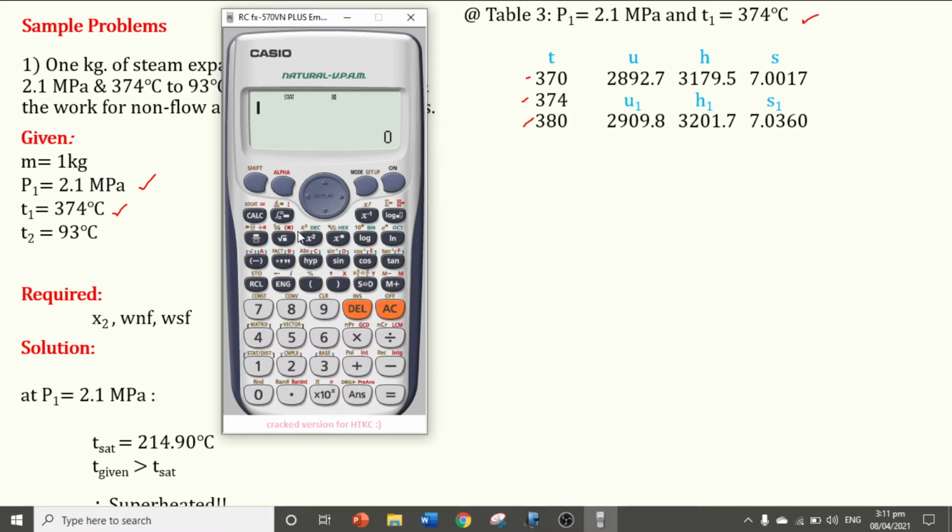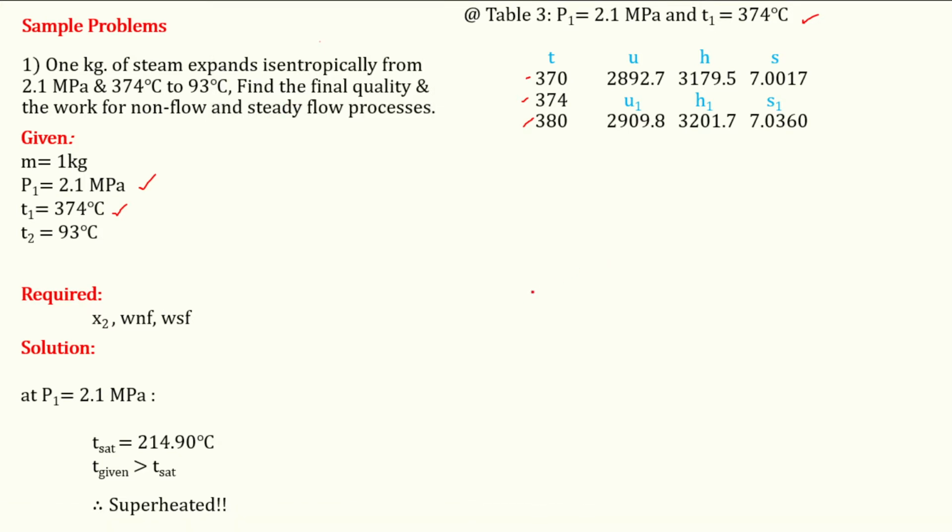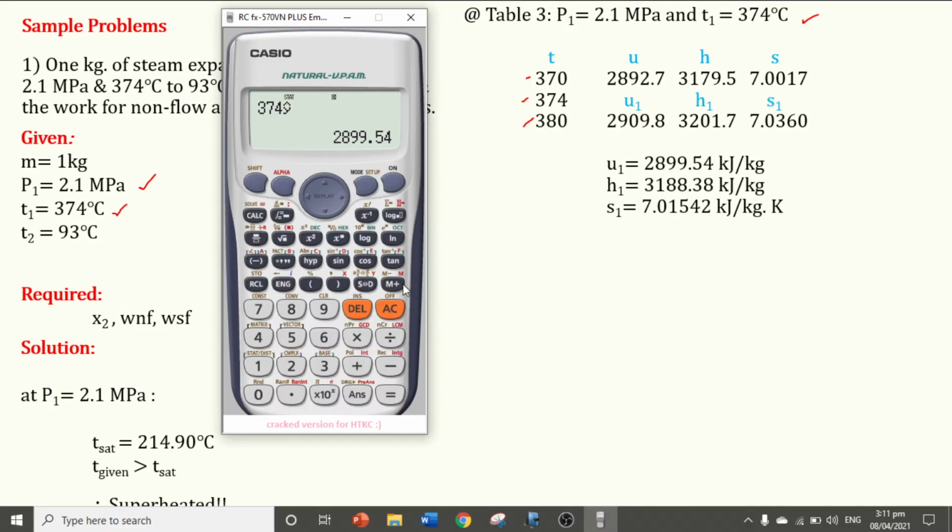Yeah. Press AC, shift 1, 55. Lagay natin 374. Therefore, U1 is 2899.54 kilojoules per kilogram. Solving for H1, punta tayo sa data. Lagay natin si 3179.